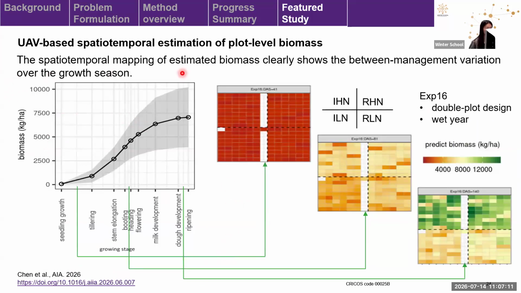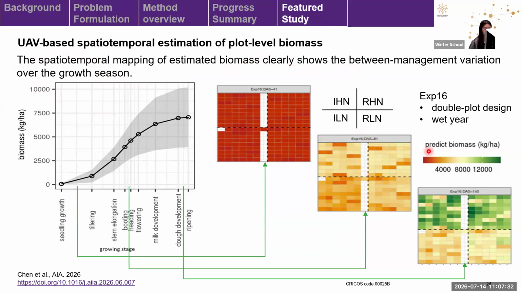And the last thing is that we also want to see how well our model can capture the difference of the plot level biomass to distinguish the variation of the cultivars. And we have some very interesting results.